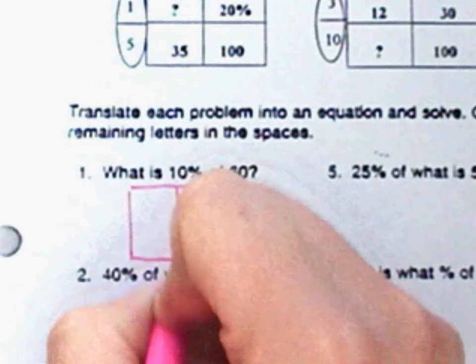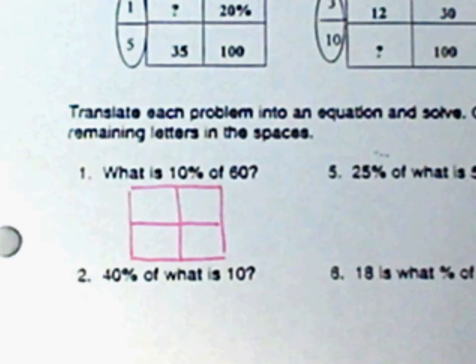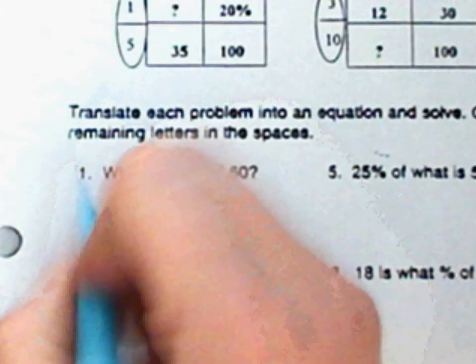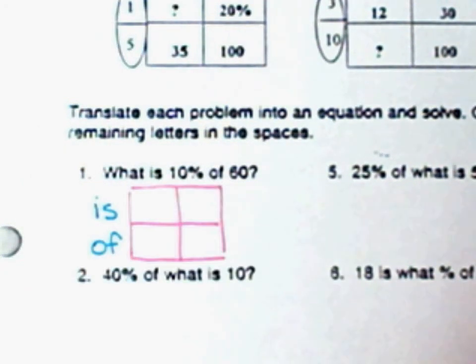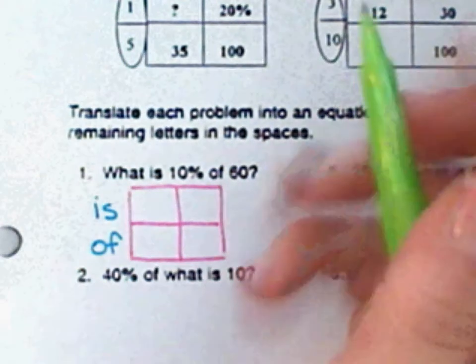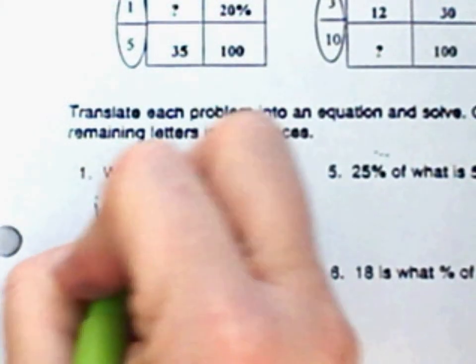I'm sorry, I just said it wrong, a percent box. Remember, I'm looking for my part over total, or I'm looking for my is and of. It says "what is," meaning "is" is what we're looking for.